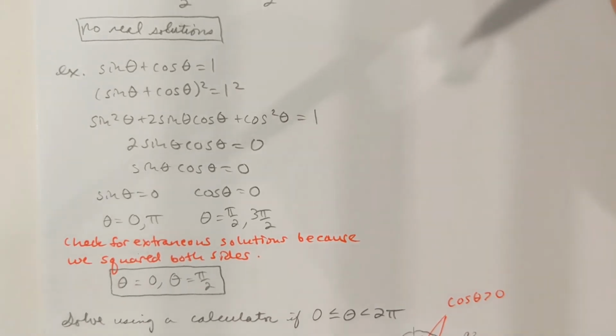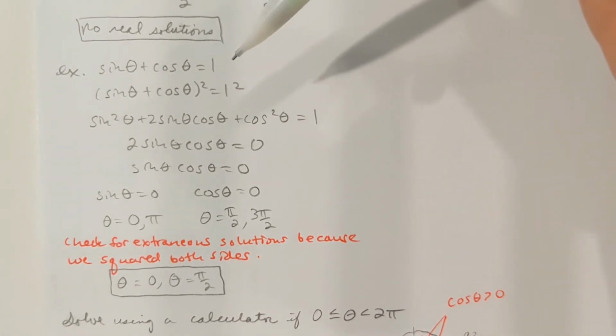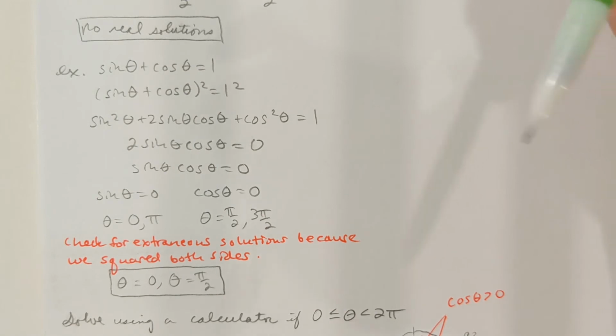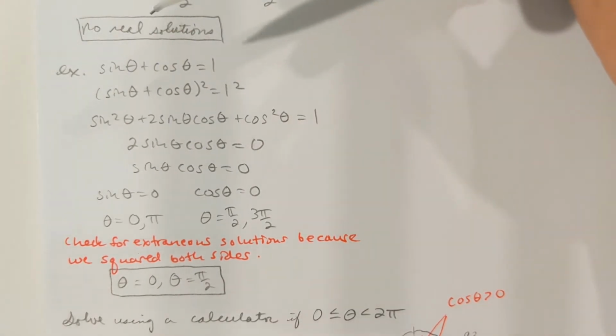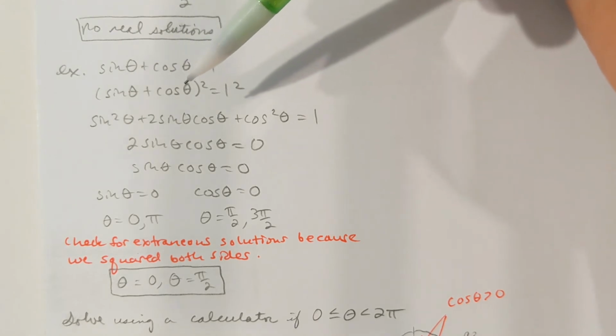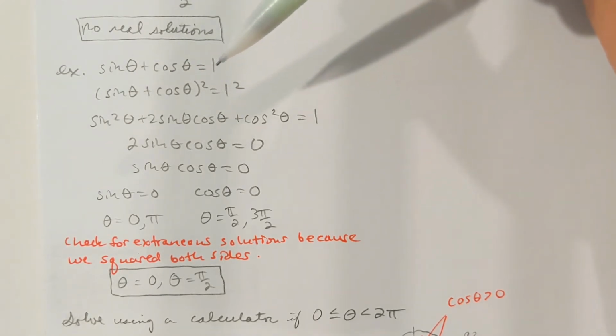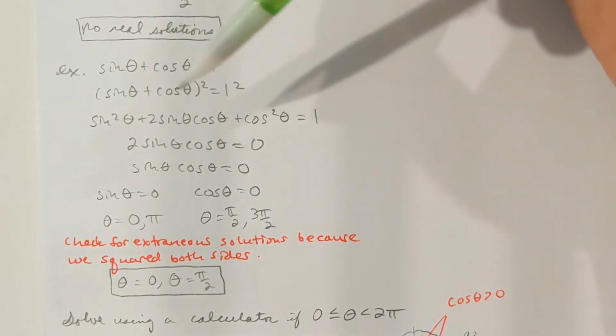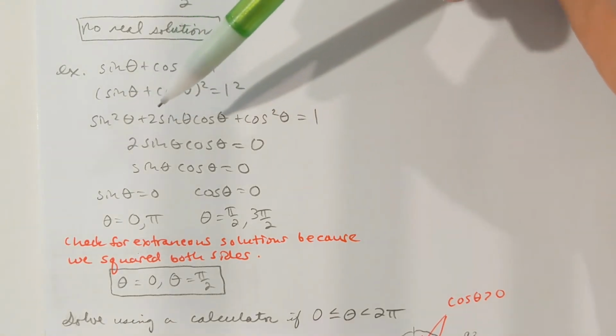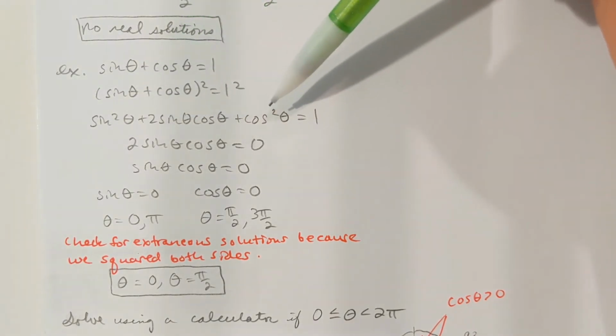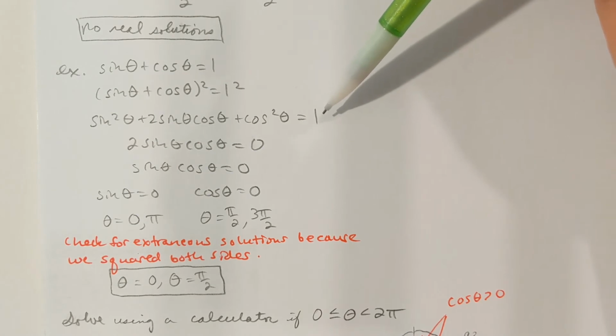Okay, here's another one. Sine theta plus cosine theta equals 1. If I begin by squaring both sides, then foiling out the left, sine theta plus cosine theta times another sine theta plus cosine theta is going to give me sine squared theta plus 2 sine theta cosine theta plus cosine squared theta equals 1.